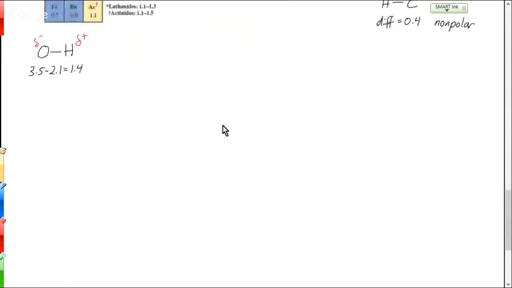All right, let's move on to equations. A chemical equation is a description of a chemical reaction that we can put down on paper.